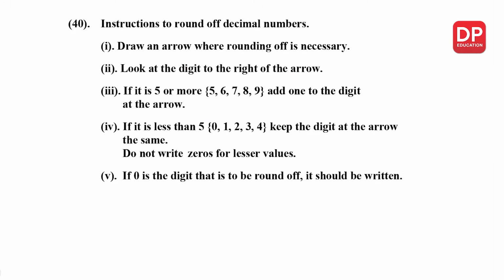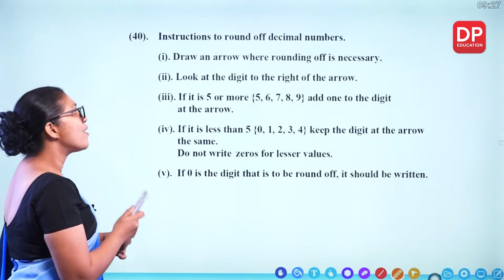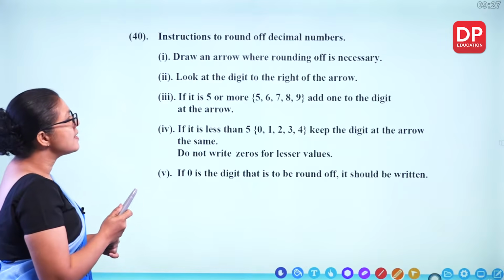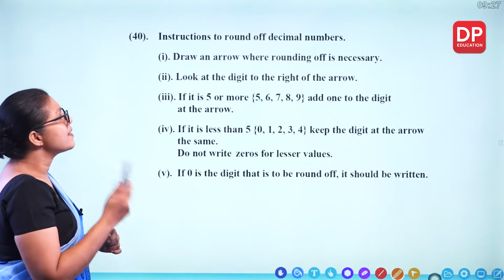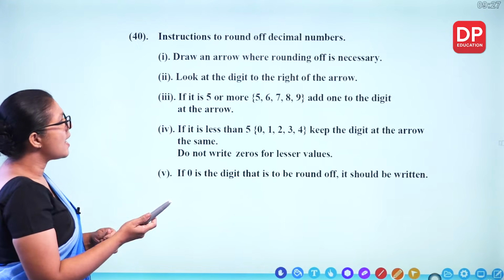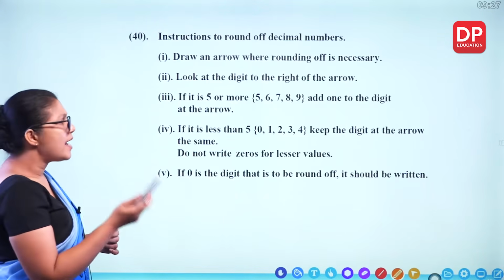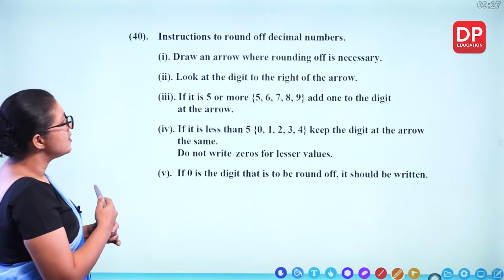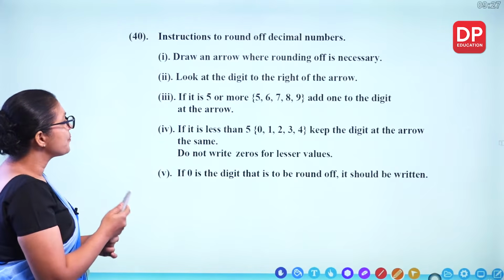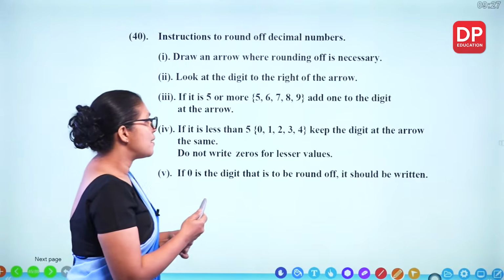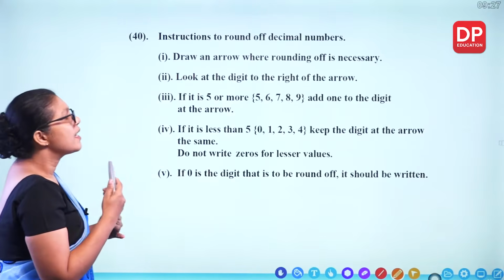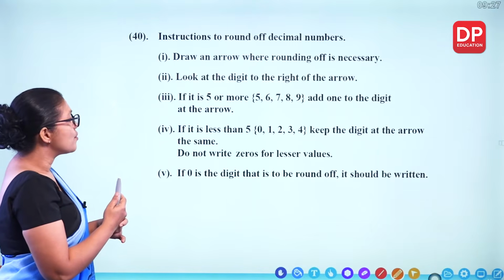So what are the instructions to round off decimal numbers? Draw an arrow where rounding off is necessary. Look at the next digit to the right side. If it is 5 or more, you need to add 1 to the digit that we are rounding. If it is less than 5, that means 0, 1, 2, 3, 4, keep the digit at the arrow the same.